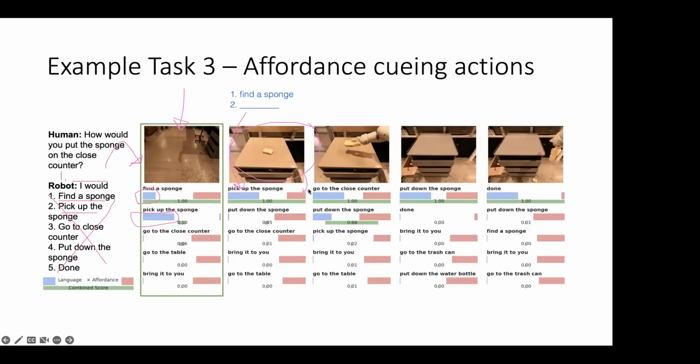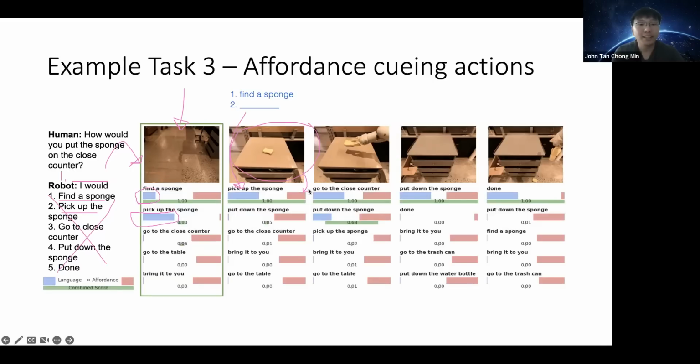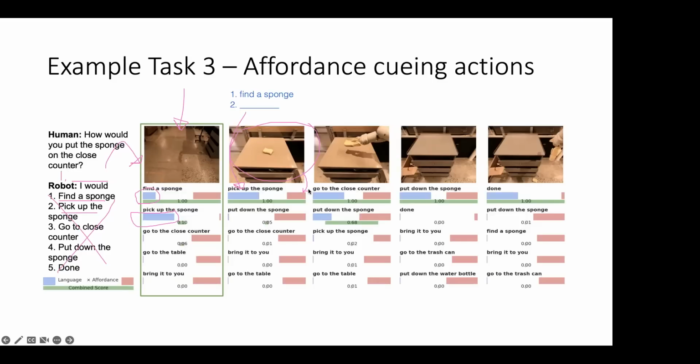But you do have the value for all 5 actions, even for the first one. For the first scenario, you do have find a sponge, pick up a sponge, go to close counter. You have all the 5 actions. Actually, it's more than 5. They're just showing the top 5 here. So that means you already have the first action, find a sponge, right?